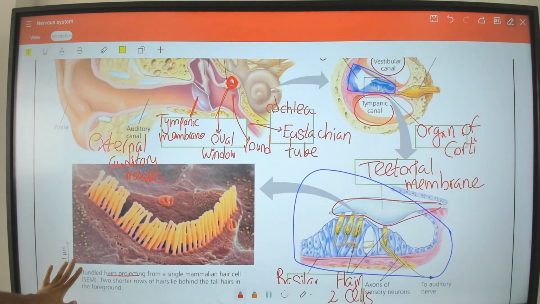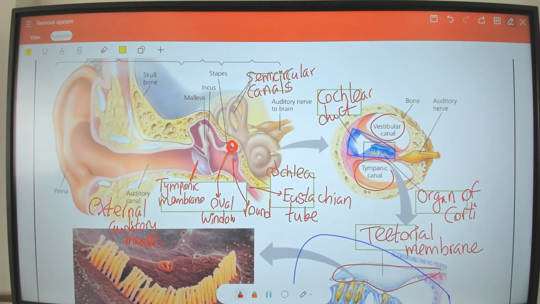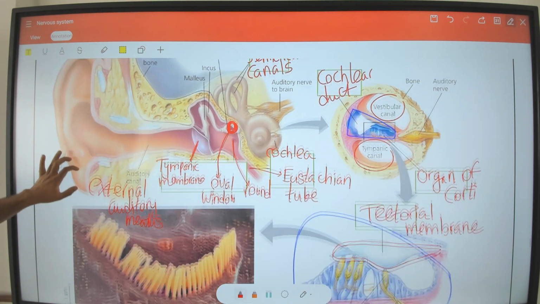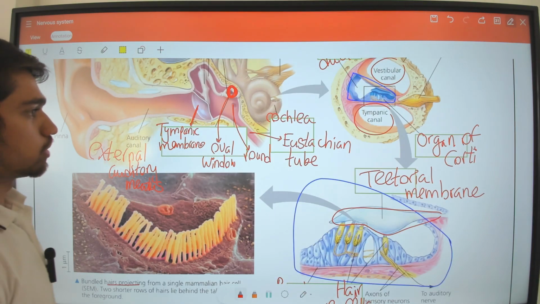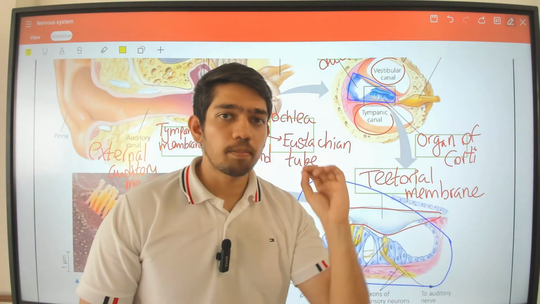Any questions about the parts of the ear as well as the hearing mechanism? So, hearing is, let's say, the main function, but it's also not the only function.